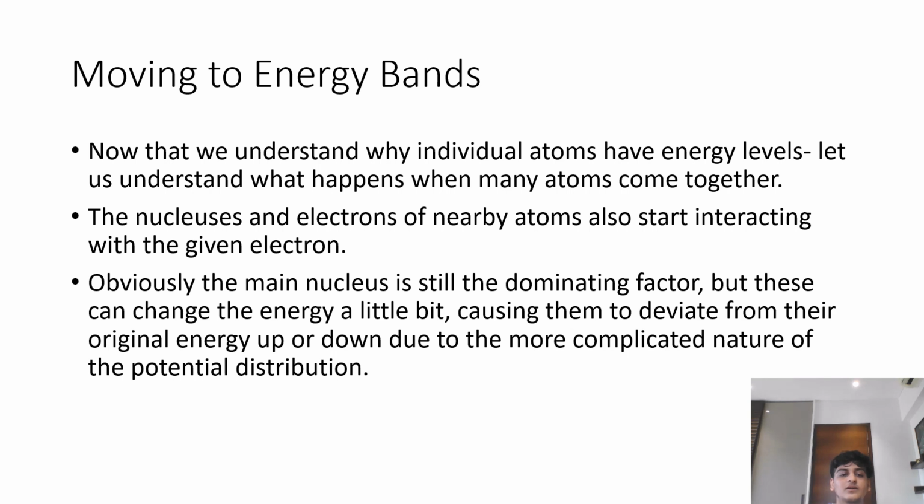Another way to look at this is that you have a more complicated potential distribution. And when you have a different potential distribution, you have a different Hamiltonian operator acting in your Schrodinger's equation, which will change the solutions and the eigenvalues of that equation.